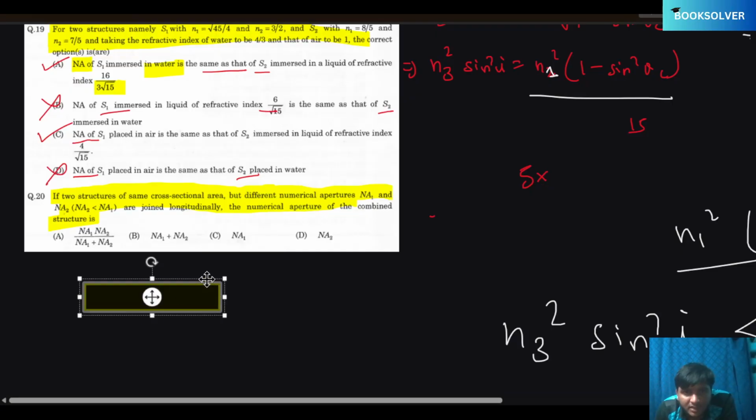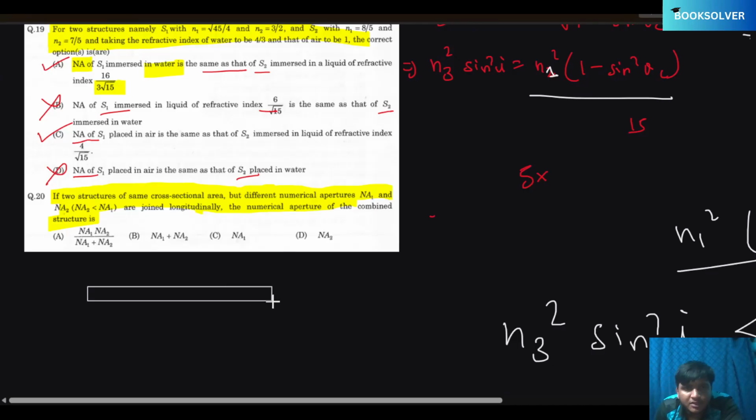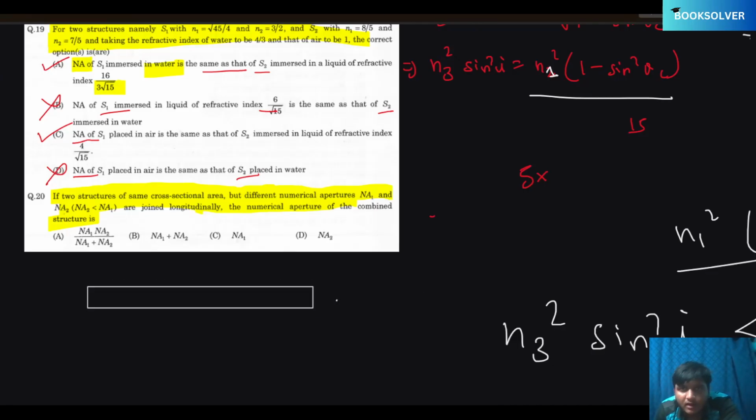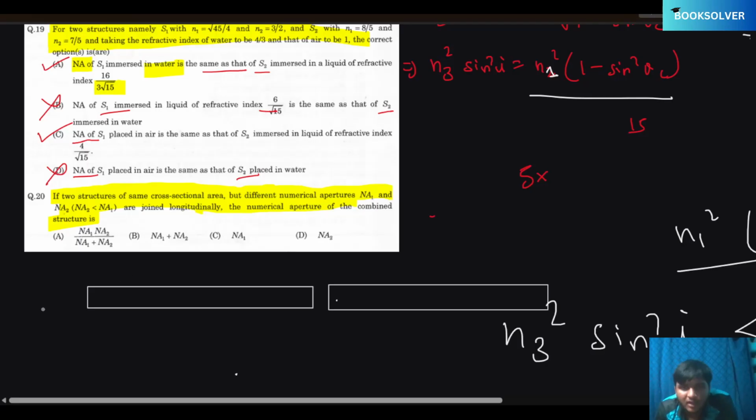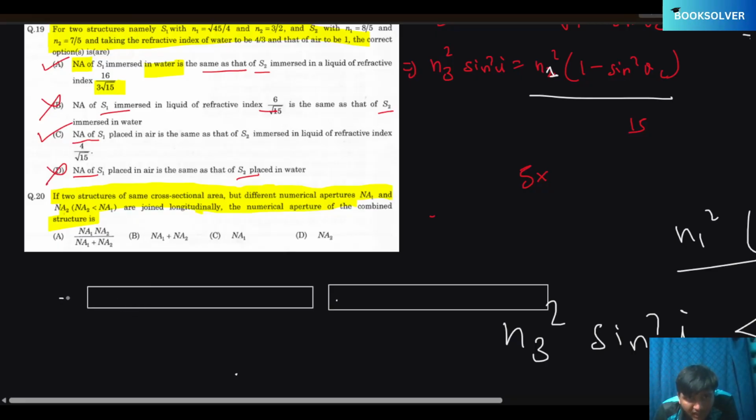Let's suppose this is our structure 1 and another structure of the same area, but they have different numerical apertures. For example, let's make a normal here. We know that in an optical fiber, a ray enters at an angle of I, then also releases, because it is very much symmetric, at an angle of I only.